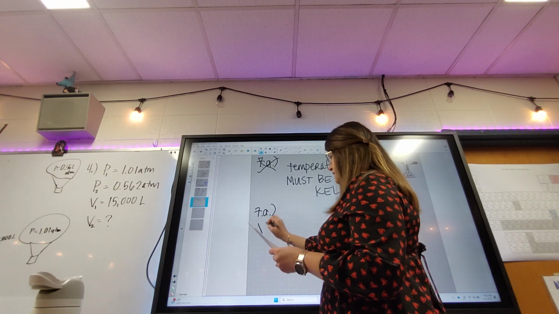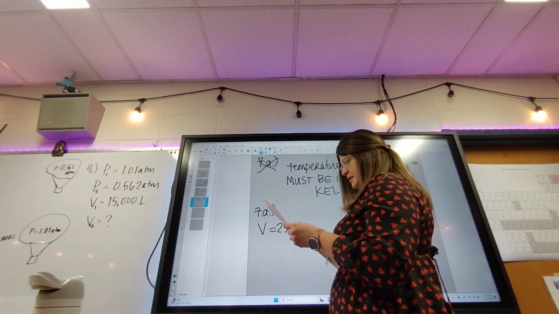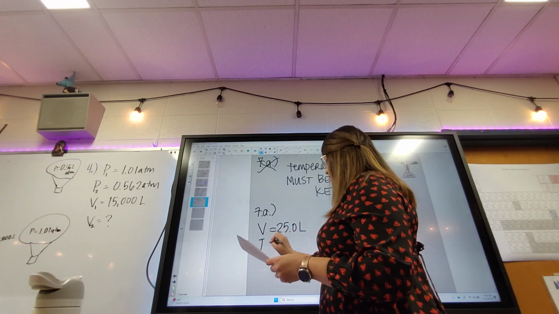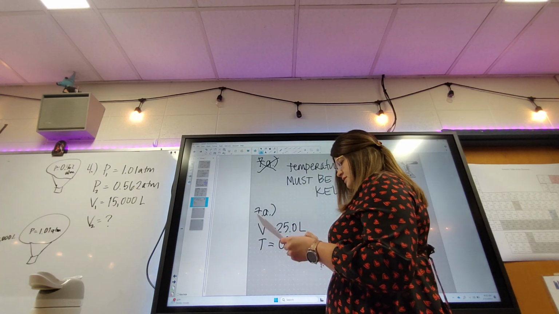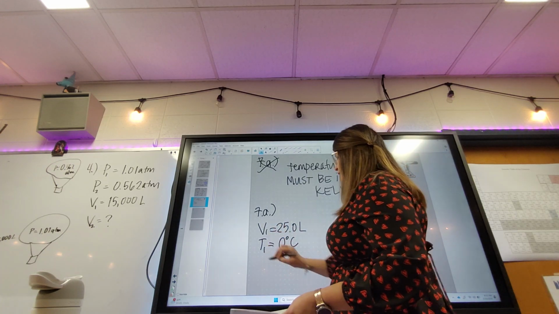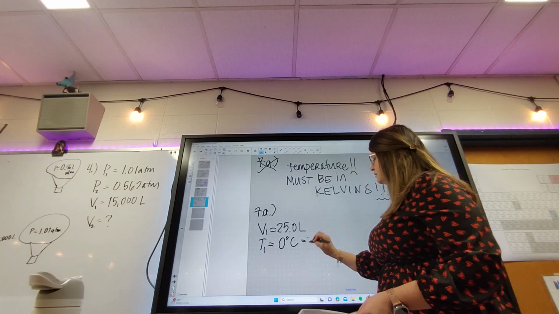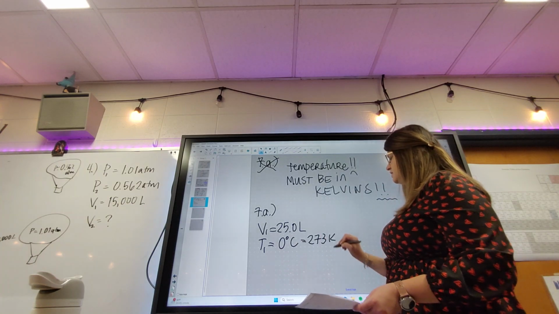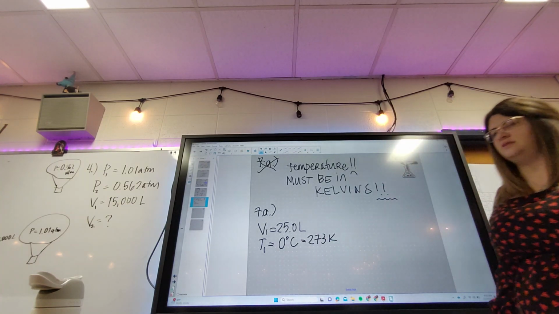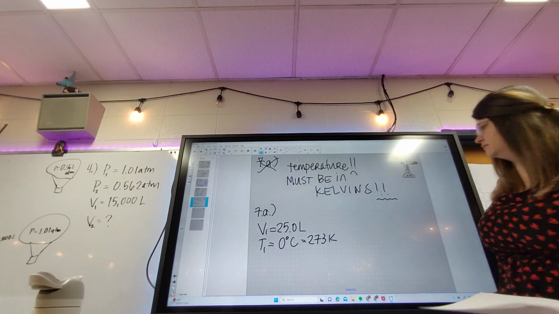Okay, so I'm going to start my data table for 7A. I've got 25.0 liters of my gas, and it's at 0 degrees Celsius. I know that these are V1 and T1 because they're grouped together. So 0 degrees Celsius is the same thing as 273 kelvins, and that's what I can do in my mind.